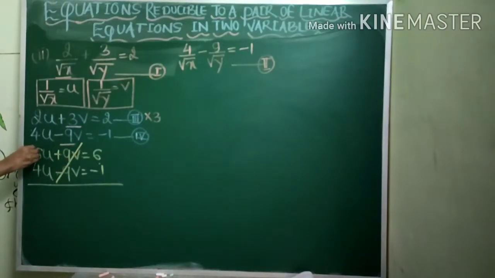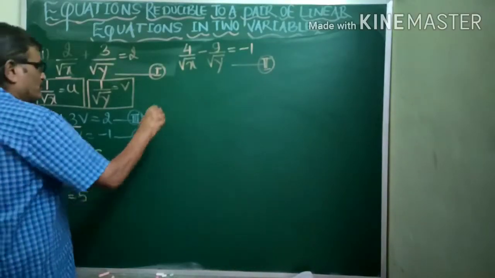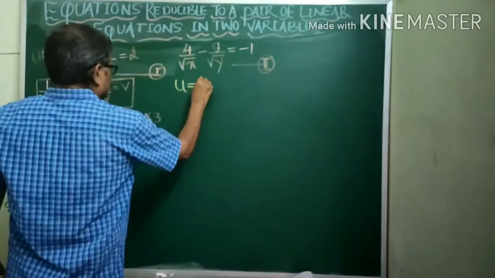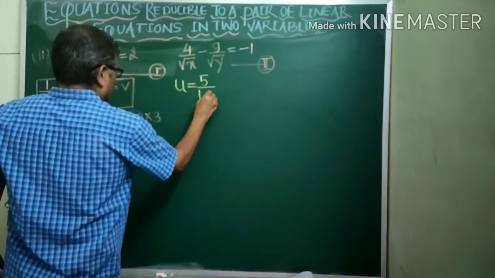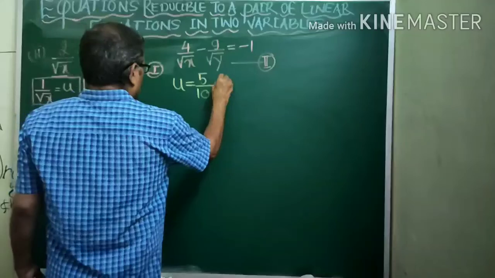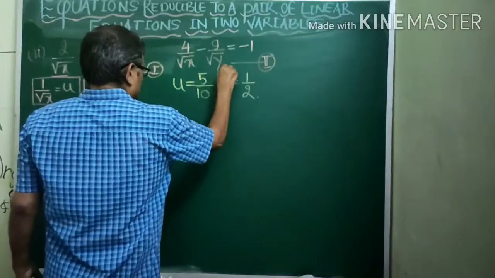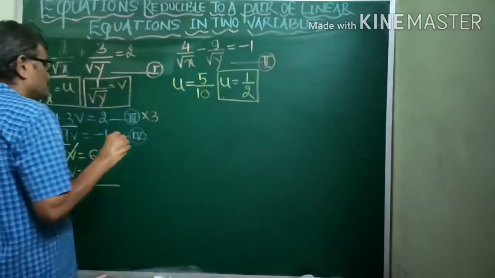So what I get here is 6 plus 4 is 10, so 10u is equal to 6 minus 1, which is 5. So children, if 10u is equal to 5, then u will be equal to 5 upon 10. So that means u is equal to 1 by 2.